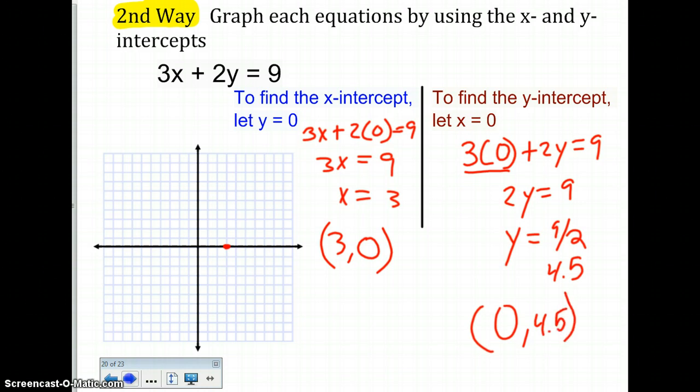And that would be 1, 2, 3, 4.5, right about here. So we're coming with a negative sloping line. I didn't draw that one perfectly, about like so. And again, with 2 points, I can graph a line. And that's why some people prefer this. When we're given standard form, it's easy to put in to find our x and y intercept and then graph a line.